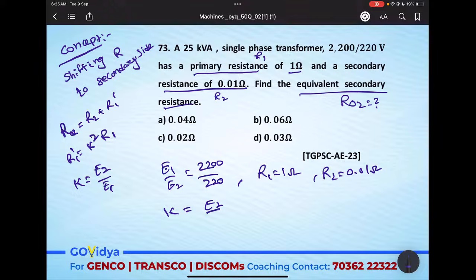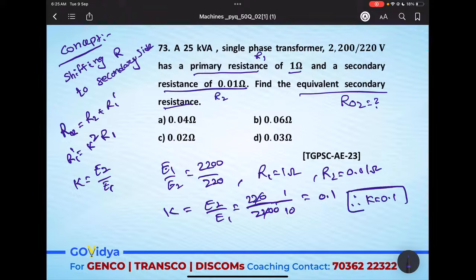It will be E2 by E1, 220 divided by 2200. It will be 1 by 10, 0.1. Okay, transformation ratio is therefore K equal to 0.1. So let's take it as equation 1.